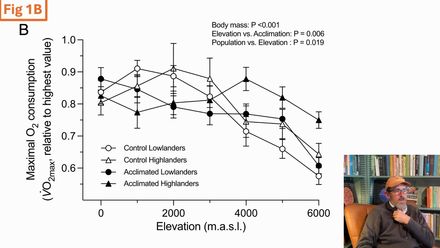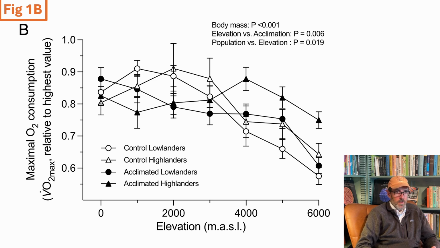The big comparisons we want to make is between the triangles and the circles of a similar acclimation class. For example, at 6,000 meters, we see that VO2 max was highest in the acclimated highlanders compared to the acclimated lowlanders.